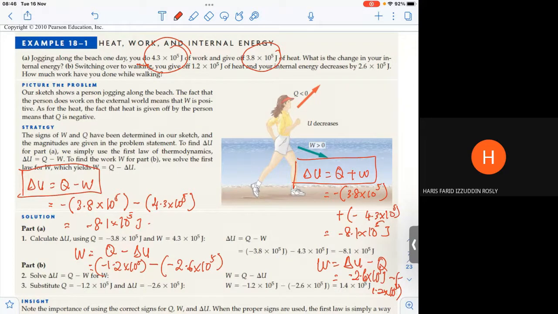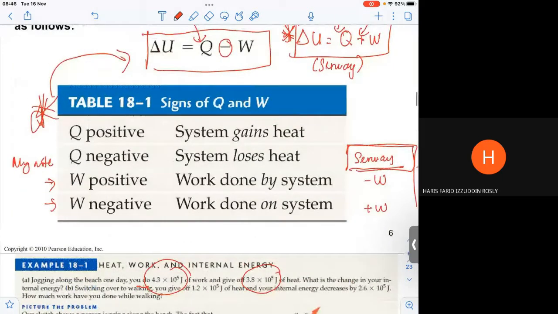But according to the problem, the equations will give you positive and negative answers. W on my side will give you a positive answer, and W in the Serway textbook will give you a negative value. Don't worry, because that is due to W negative meaning the work done on the system.